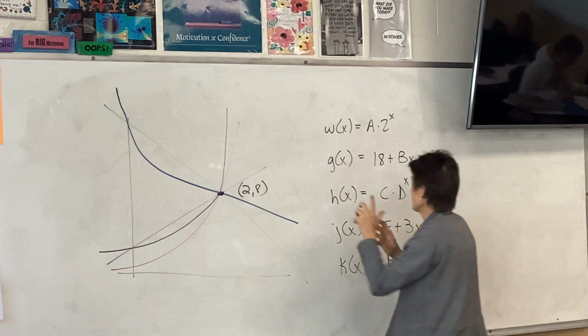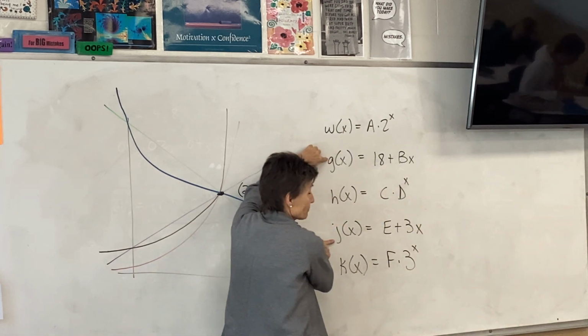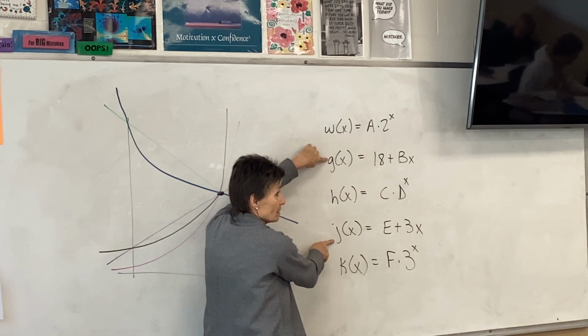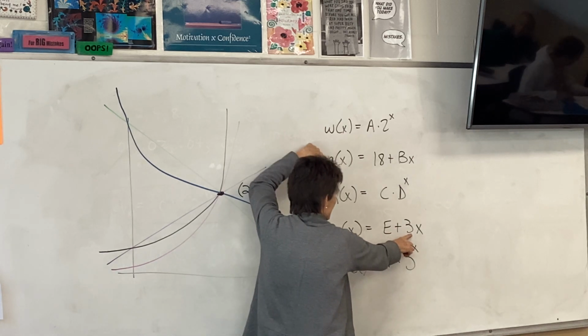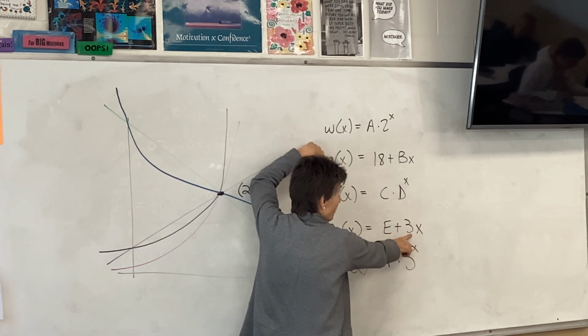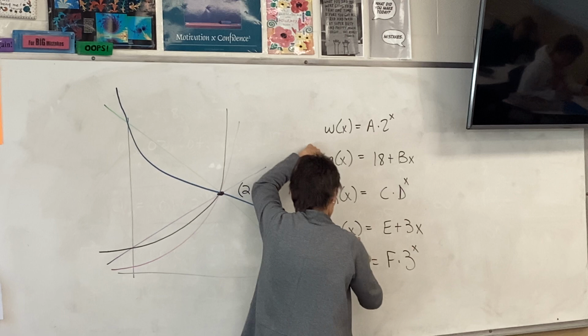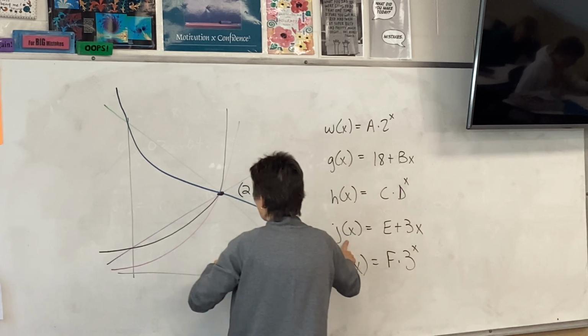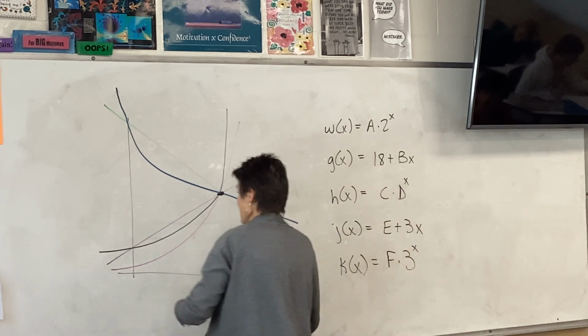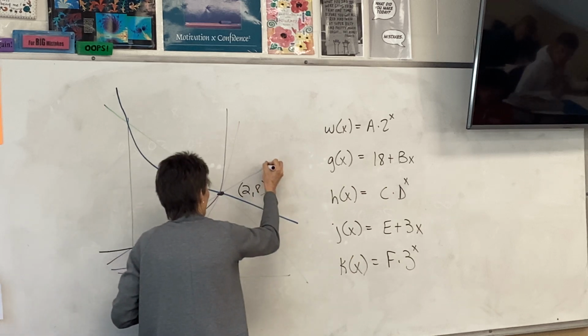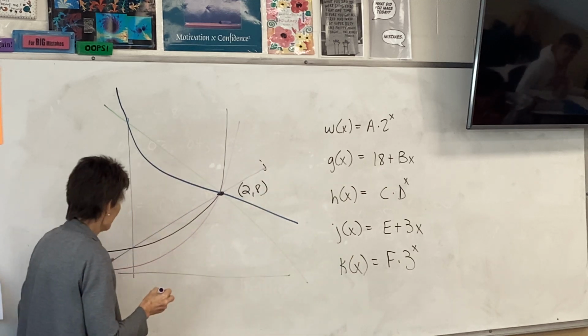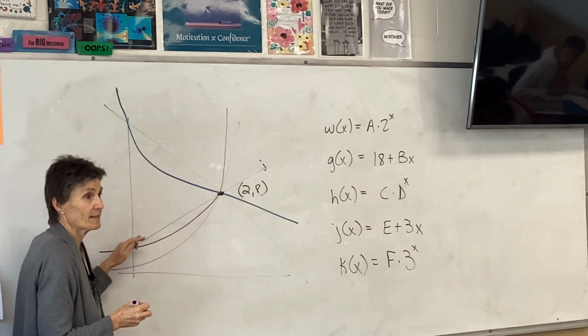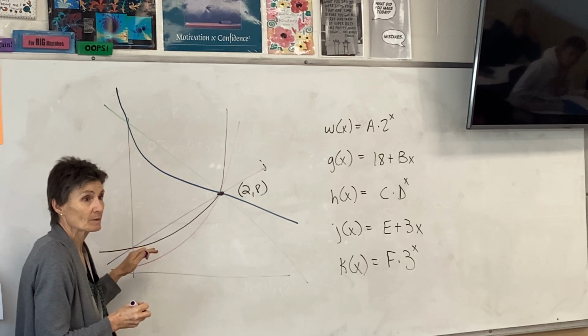Now, let's look at the two we have. Isn't this line going up? So J has to be, for me, it's purple. I don't know what it is for you, but it has to be that line right there. Would you agree with me?